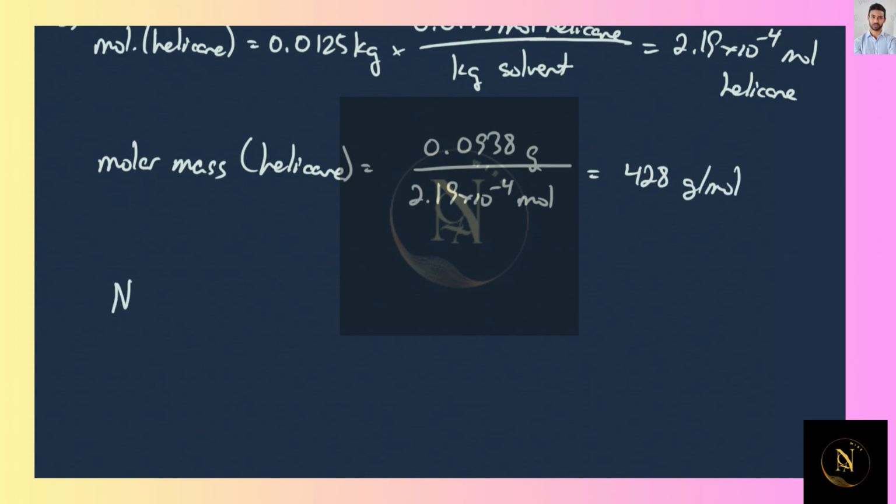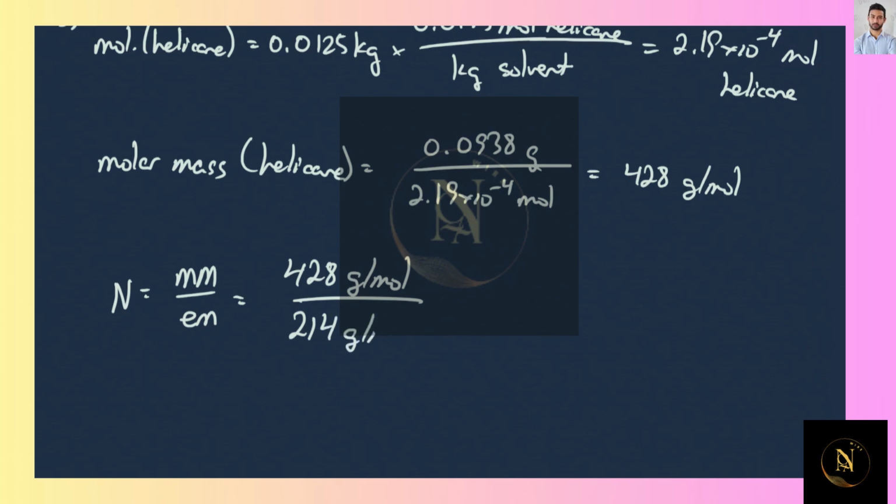We calculated the empirical mass up above in part A, so 428 grams per mole divided by 214 grams per mole works out to a whole number ratio of 2.